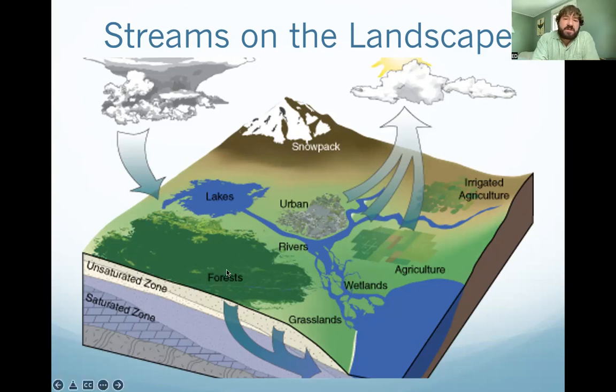So, here we see rivers making their way through a forested watershed here on the left, an urban watershed here in the middle, and an agricultural watershed here on the right. And if you are sampling at any of those points where the river is receiving runoff from those areas, you can probably make a pretty good guess at which type of area that stream is draining.